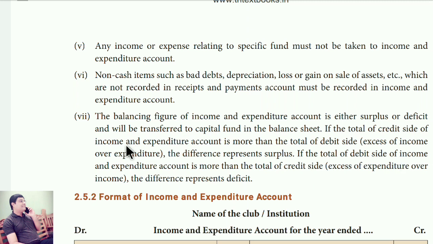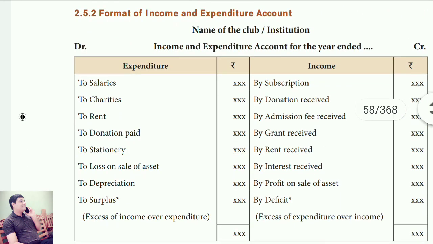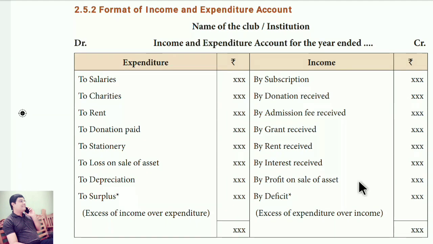If the total of the debit side is more than the total of the credit side, excess of expenditure over income, the difference represents deficit. This is the format. If income is more and expenditure is less, then it is a surplus, excess of income over expenditure. If expenditure is more and income is less, then we have to write deficit.